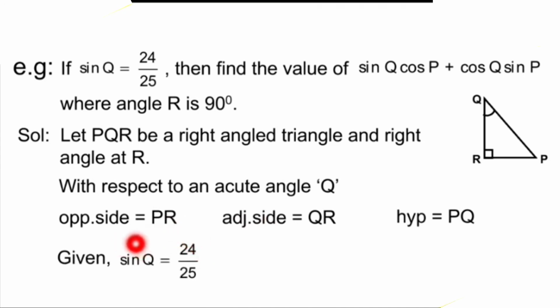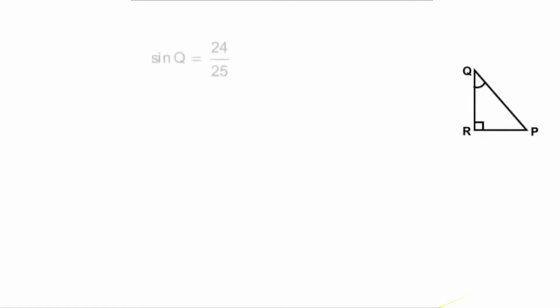Children, how do we define sine? Yes, we define it as the opposite side by hypotenuse. Now let us replace opposite side and hypotenuse by PR and PQ. Then we get sin Q is equal to 24 by 25, which is equal to PR by PQ.